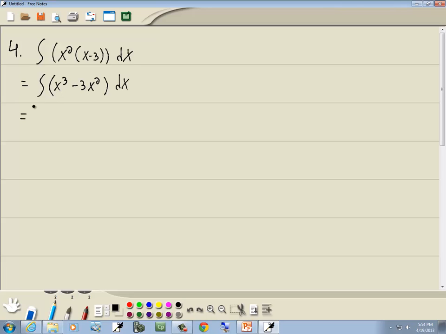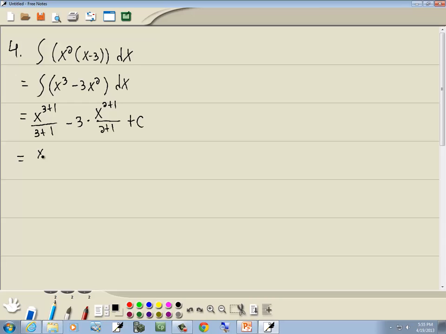So if I take a look at the x to the third, we'll add 1 to our power, divide by our new power, minus the 3 you can just leave out in front right here, and then we'll add 1 to our power, so 2 plus 1, and divide by our new power. Remember, we always have to put a plus c on.